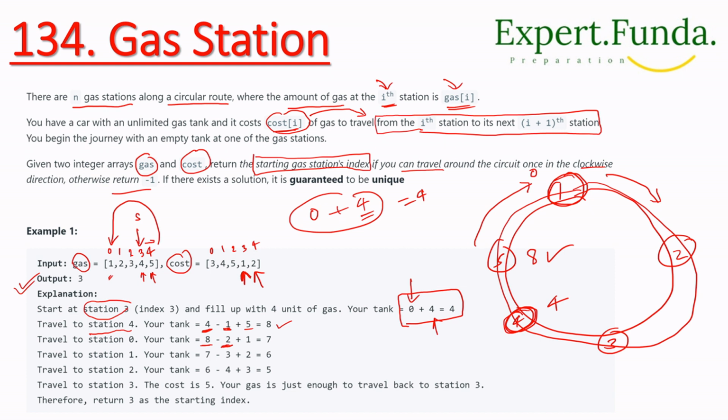The previous cost is 2, and that's why from the previous tank we will do minus cost, and then we will add the current one from here, and we can see that here. Similarly you can calculate for these 3, right? The next will be 8 minus 2 plus 1, and that is 7. Similarly you can find it from here and for here. Okay, I think you have understood.